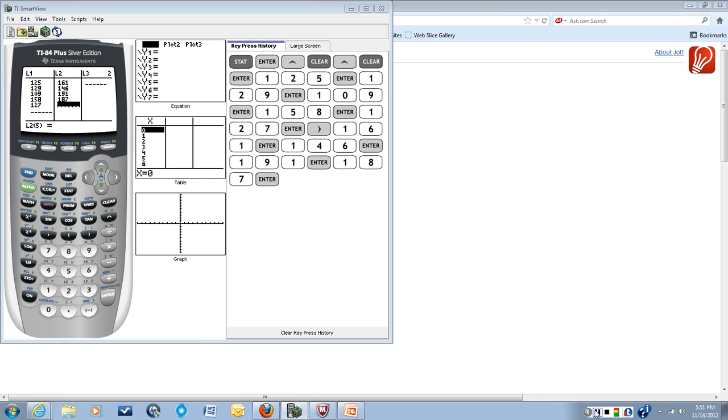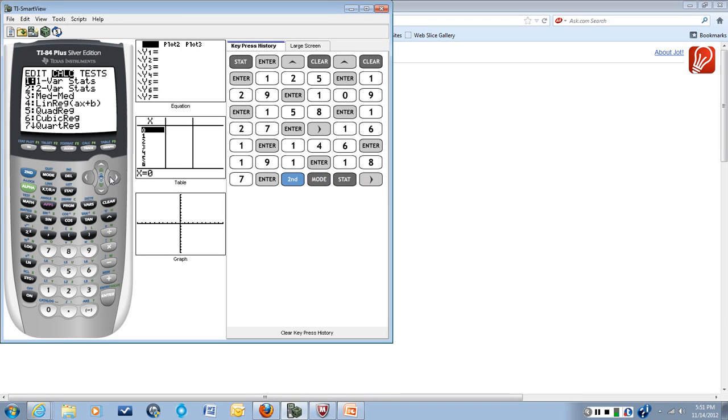So here I have entered the data for Permafresh into list 1 and the information for Highlight into list 2. So I'll quit out of my lists. And now I want to calculate one variable statistics for each of them. So I'll go to one var stats. Remember, the default is list 1. So to get Permafresh, I'm just going to hit enter.